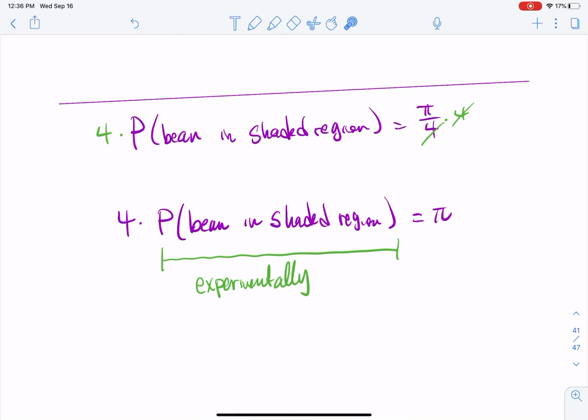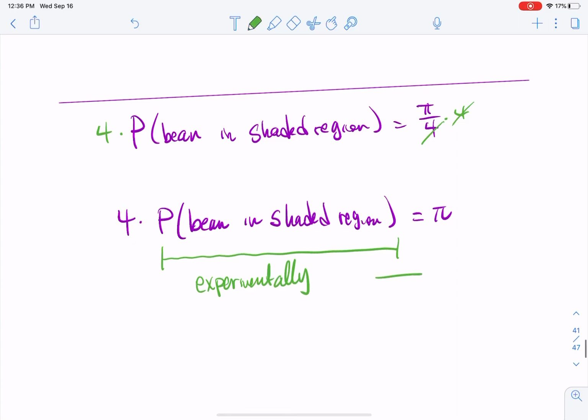If we multiply that thing by 4, it gets rid of the 4 that's over here on the right-hand side, and it leaves me just with pi. So basically, here's the setup. I shake my beans, I shake my beans, and I shake my beans, and I count them up, and whatever I get, after all of those trials are conducted, we multiply that thing by 4, and we should be getting closer and closer to pi the more times that this experiment is carried out.